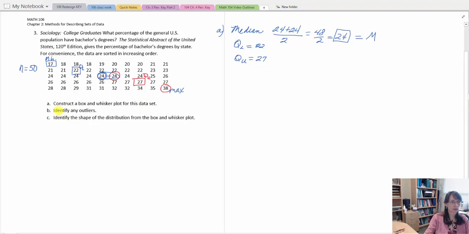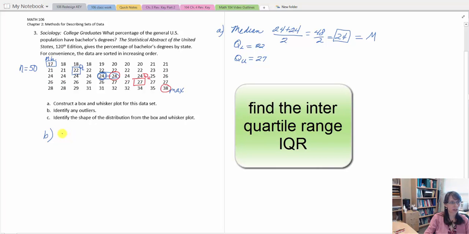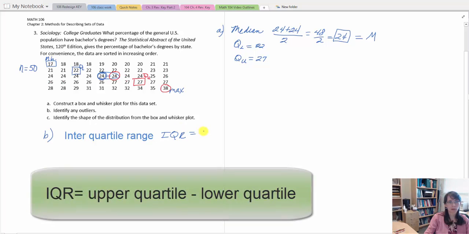Now it is helpful to go ahead and identify any values that would be considered outliers, just to make sure that when we're constructing the box plot, our number line goes high and low enough. So we'll go ahead and identify any outliers here. In order to identify the outliers, we need to know what the interquartile range is. The interquartile range, known as IQR, is simply the upper quartile minus the lower quartile.